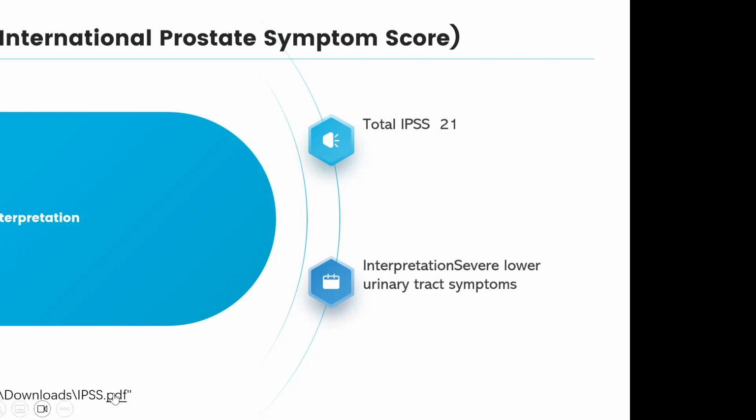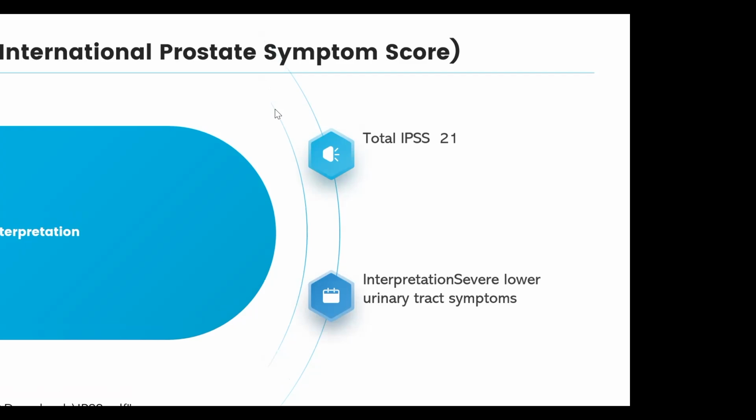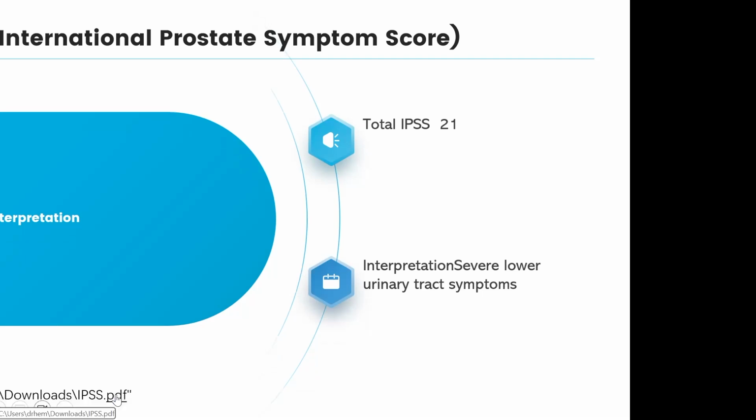But when we give this IPSS questionnaire, and once the patient uses it, you will see how brilliantly we can categorize and objectify where the patient stands in terms of his lower urinary tract obstruction symptoms.